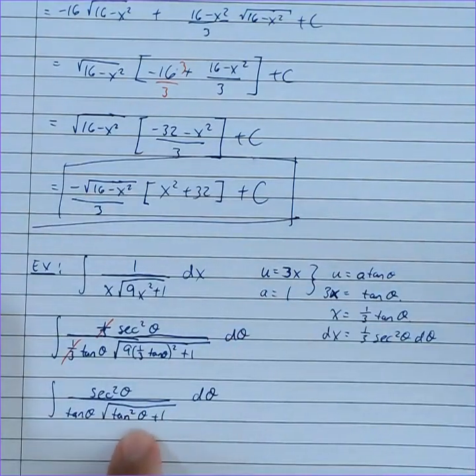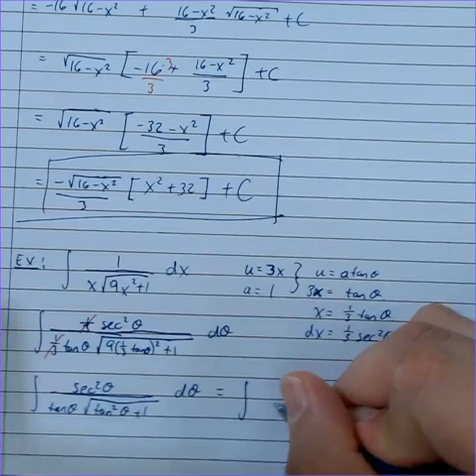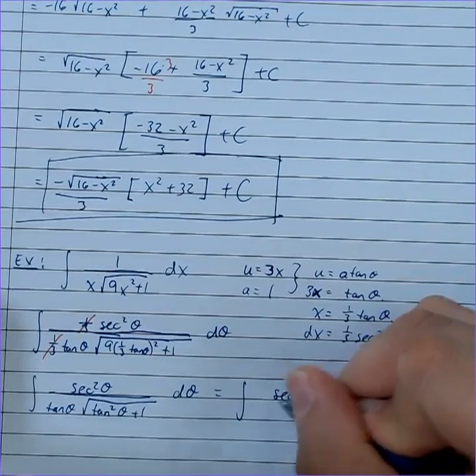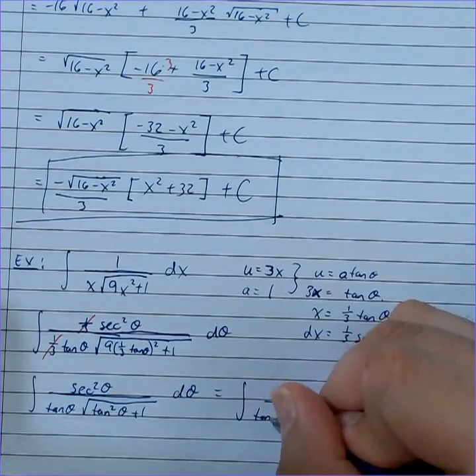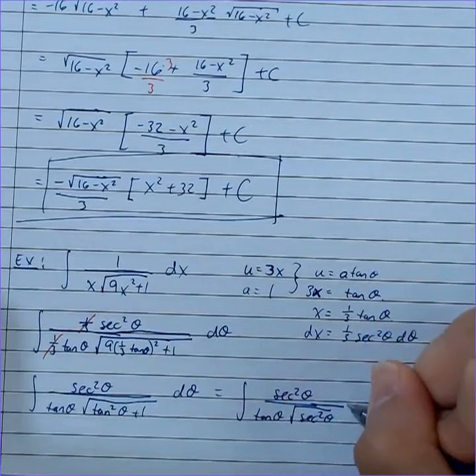But by the Pythagorean identity, tangent squared of theta plus 1, that's secant squared of theta. So that's the integral of secant squared of theta over tangent of theta, square root of secant squared of theta, d theta.